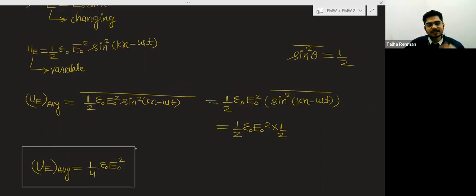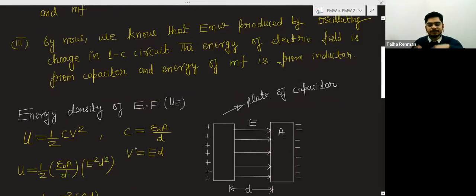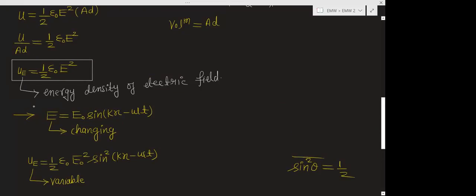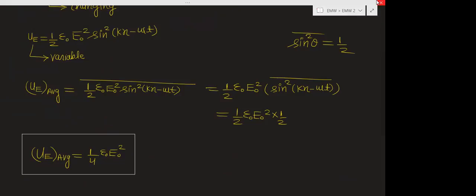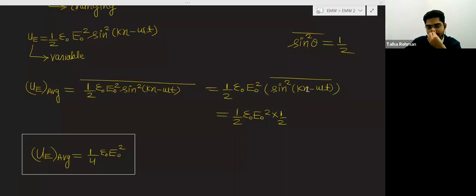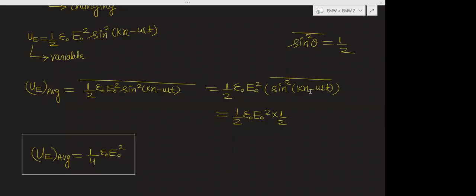So we can find in the same way the energy density for the magnetic field. Sir, that kx minus omega t, this value? Yes.